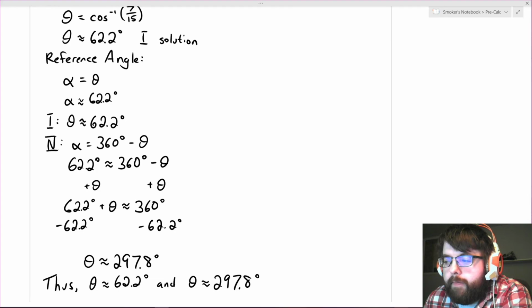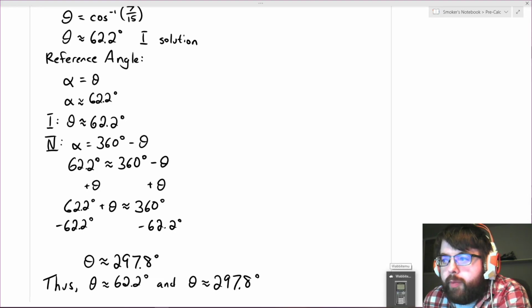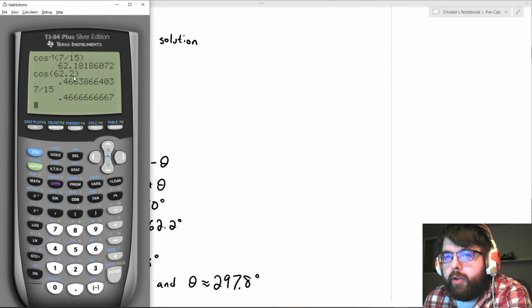Just before we continue to the next problem, I want to double check these answers. I already double checked the 62.2, but let's double check that this other answer, 297.8, also gives me something close to 0.466, and it does.